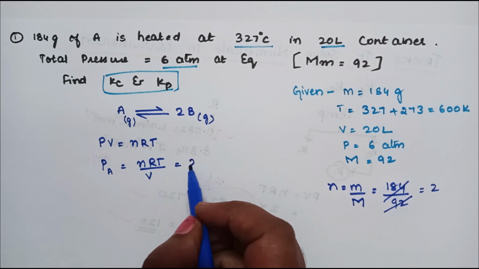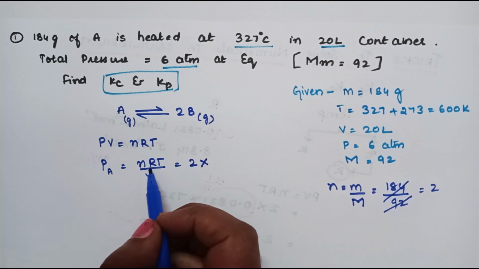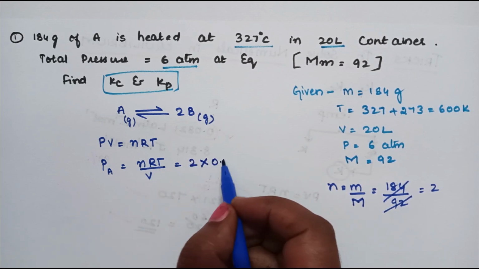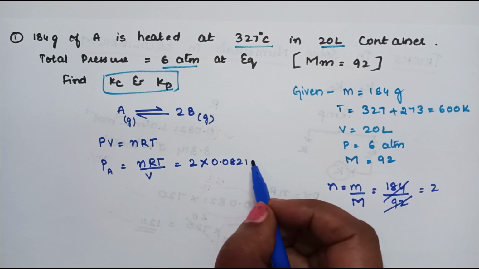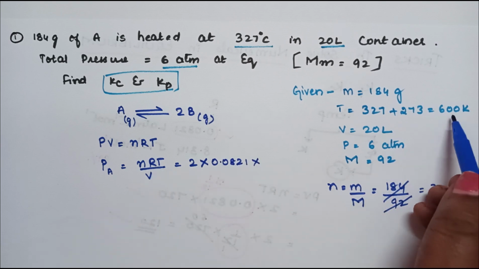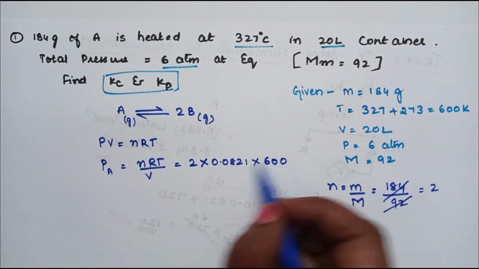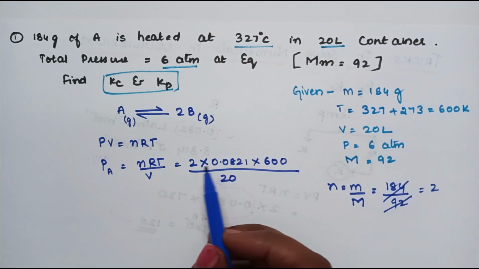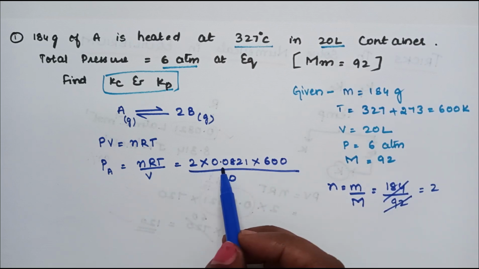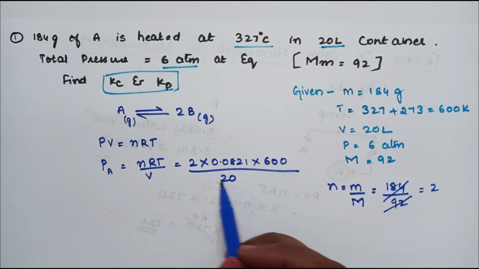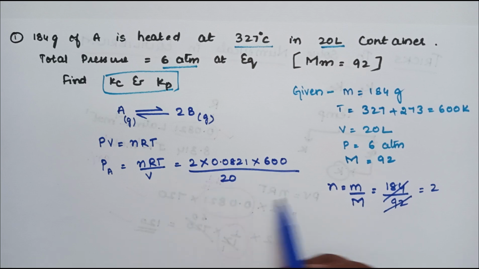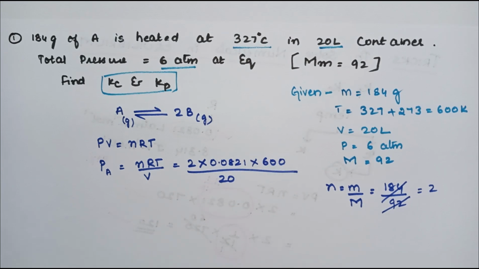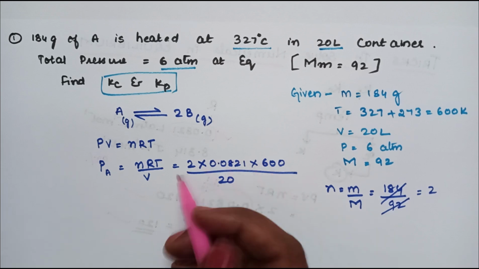So number of moles is 2, into R value 0.0821, into temperature 600 Kelvin, divided by volume 20. Students, first you would have to multiply 2 into 0.0821 into 600 divided by 20. It consumes a lot of time. That is why I told you to use the trick.